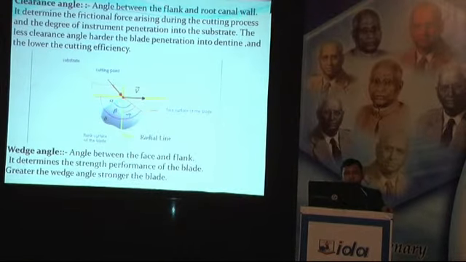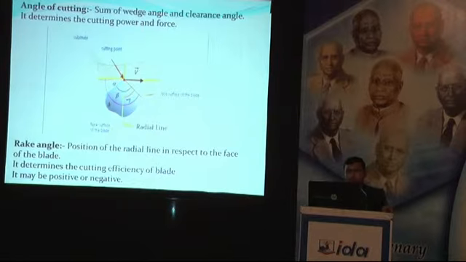The less the clearance angle, the harder the blade penetration, and the lower the cutting efficiency. Wedge angle is the angle between the face and flank; it determines the strength performance of the blade. The greater the wedge angle, the stronger the blade. Angle of cutting is the sum of wedge angle and clearance angle; it determines the cutting power and force.